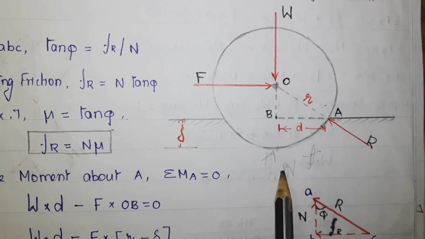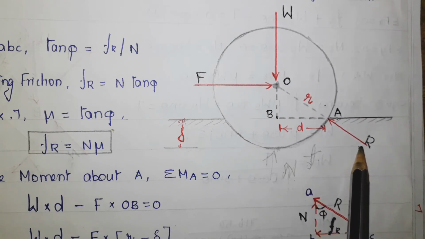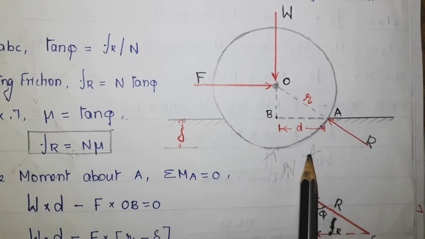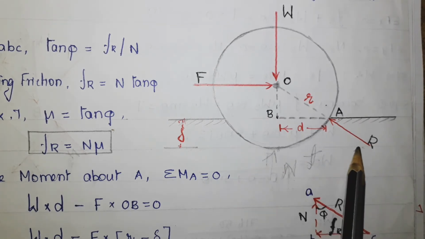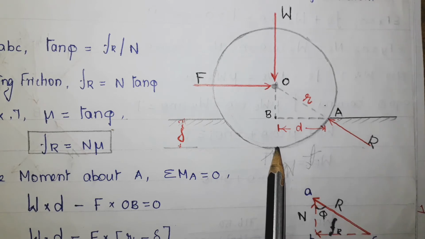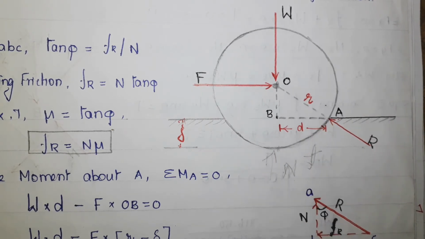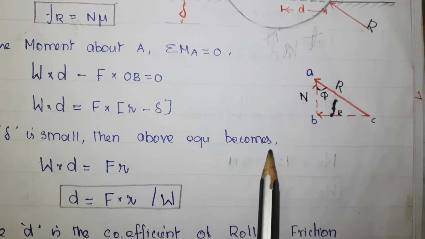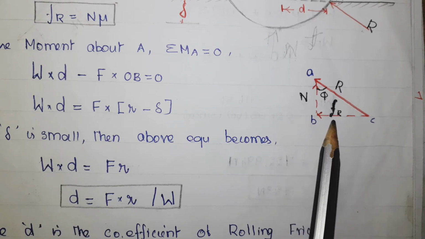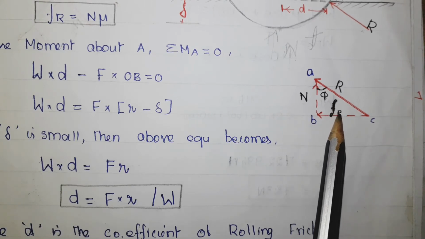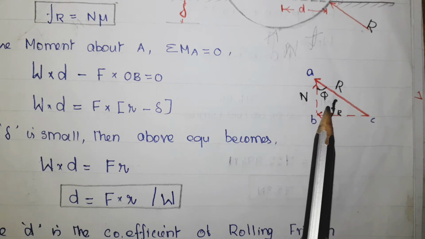Now I am going to combine both N and F into a single force called the resultant. This resultant will replace both friction and N. Moreover, this R will be minimum at this point and it will be maximum at this point A. So here is the representation of the resultant with respect to the normal reaction as well as the friction, and here this friction is nothing but rolling friction or rolling resistance.